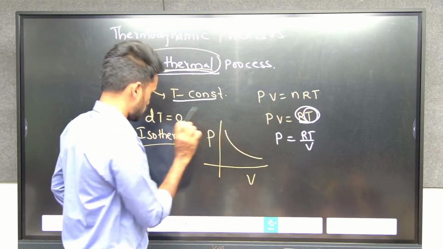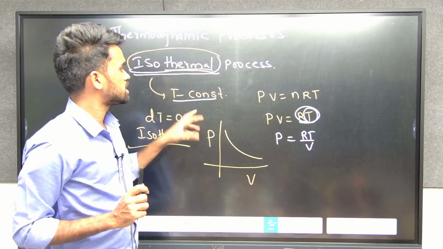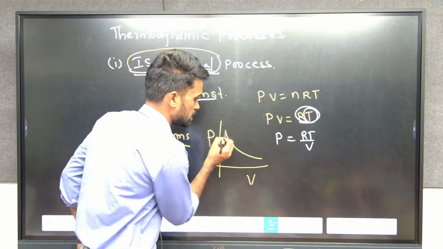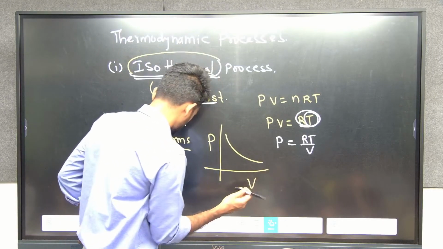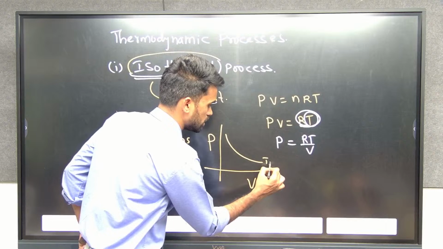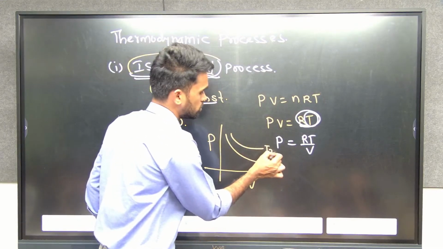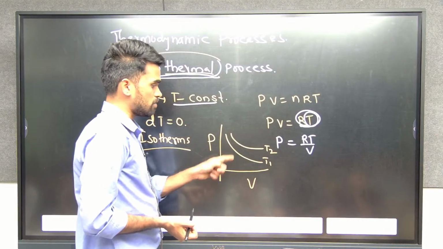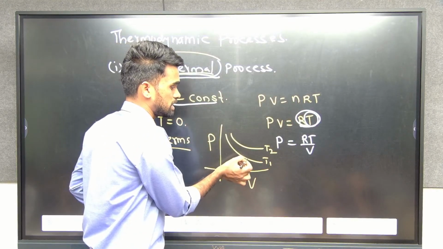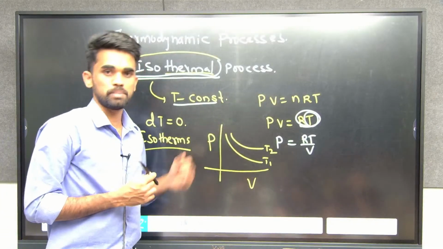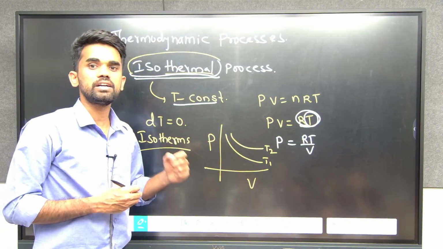See, this process is taking place at constant temperature. Now I am saying this process is taking place at temperature T1, and one more process is taking place at temperature T2. Two graphs are given, one at T1 and one at T2. Which is at higher temperature, T1 or T2?